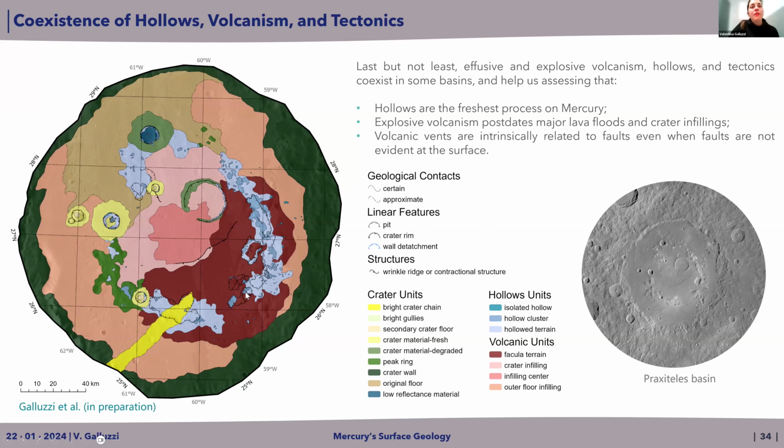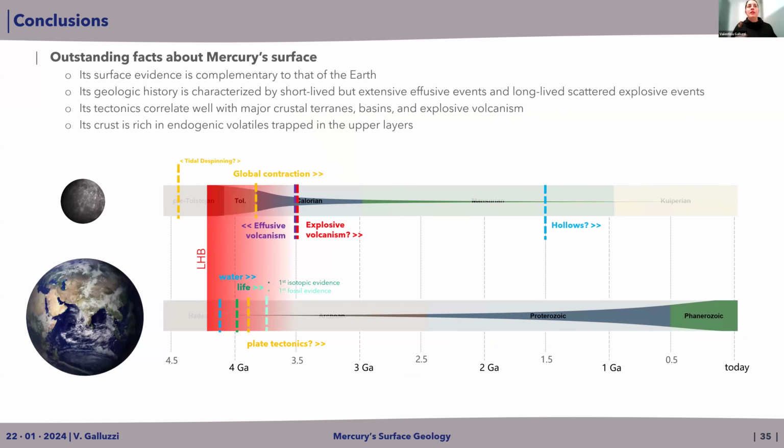And then we have the formation of hollows that overlie the pyroclastic deposits. So hollows formed after the explosive volcanism happened. So the geological inspection of these craters can be used as a laboratory to understand the evolution of events that shaped Mercury's surface.